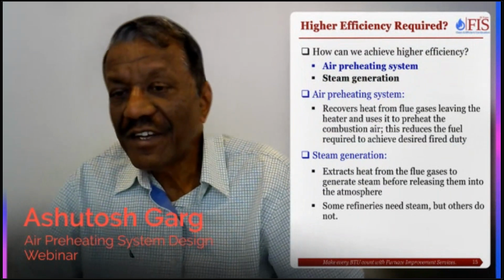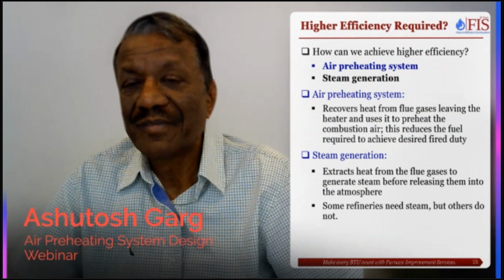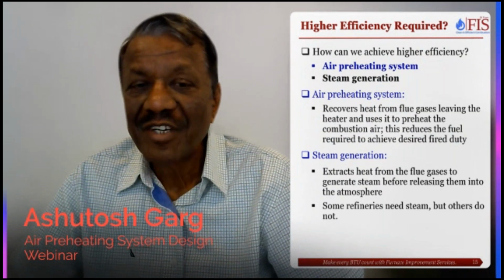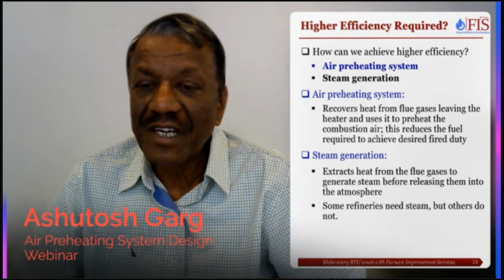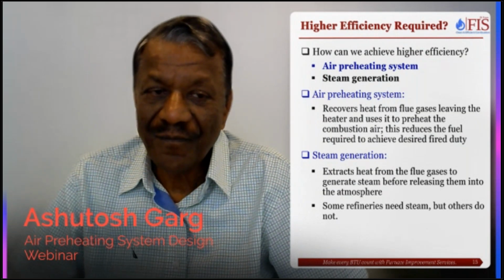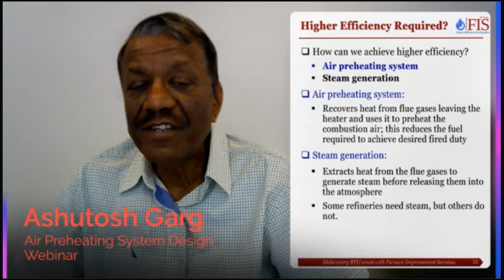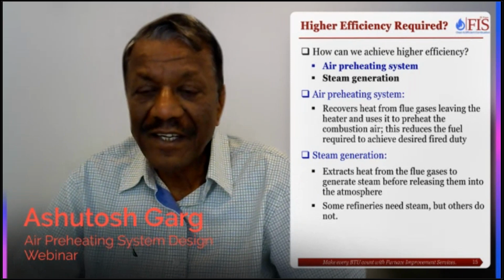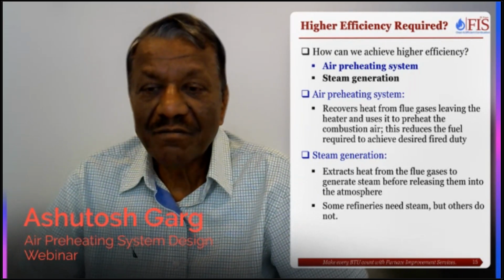So how can we get higher efficiency? There are two main ways. We can have an air preheating system or we can have steam generation. The main difference between the two is that in air preheating systems, the fuel consumption goes down.